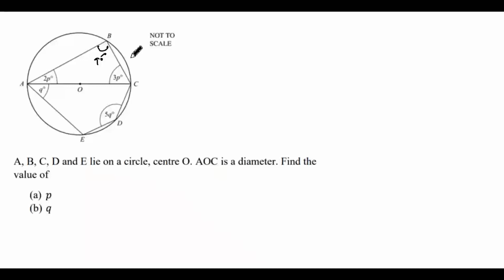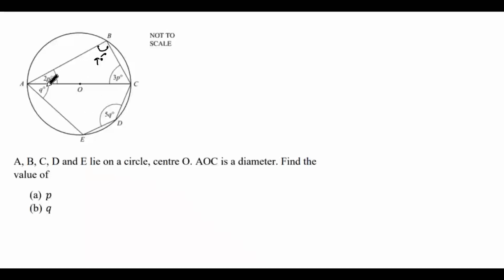If you want to get a cyclic quadrilateral, it will be the four vertices of the quadrilateral touching the circumference of the circle. So in this case, we have point A, point C, point D, and point E touching the circumference of this circle.